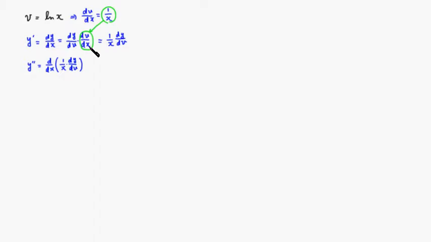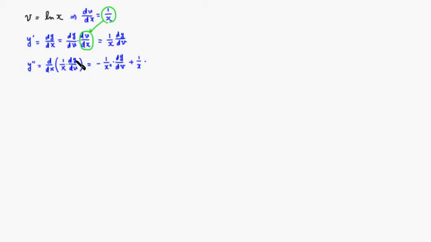The derivative of 1 over x is negative 1 over x squared, times the second guy, so I just copy dy over dv. Then plus, product rule, the first guy, 1 over x, times the derivative of the second guy with respect to x. So we're going to have to use a chain rule.